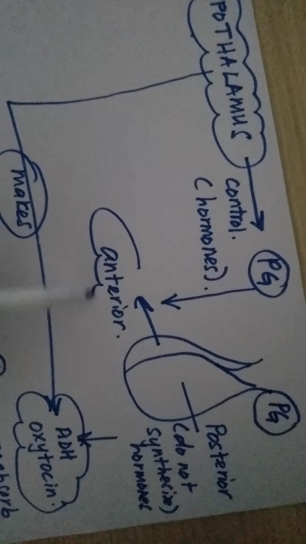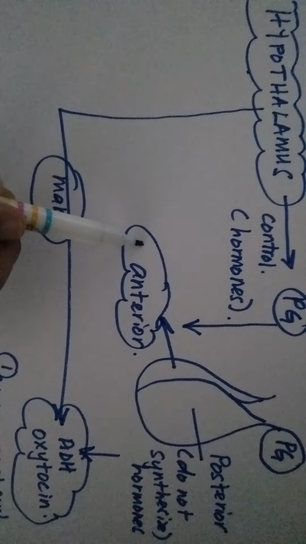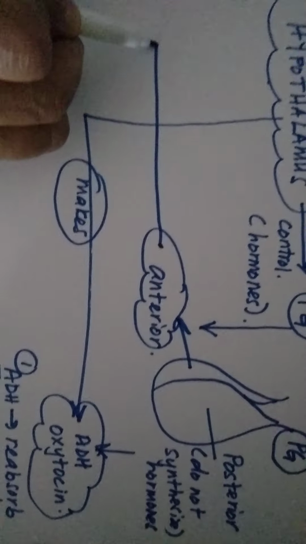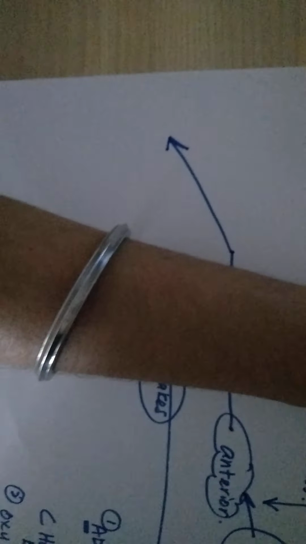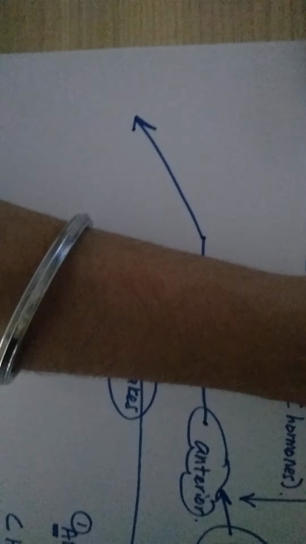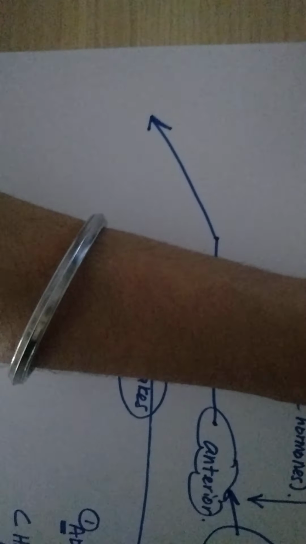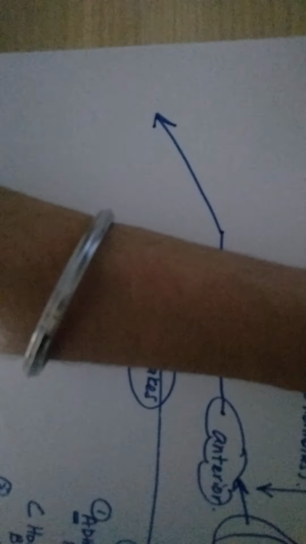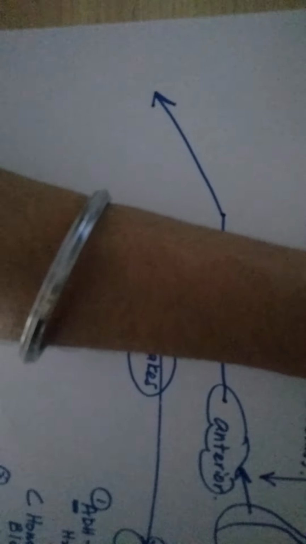So this is the anterior pituitary. They are synthesizing hormones. The anterior pituitary has got a few hormones that they will synthesize. So they are going to produce specific hormones.